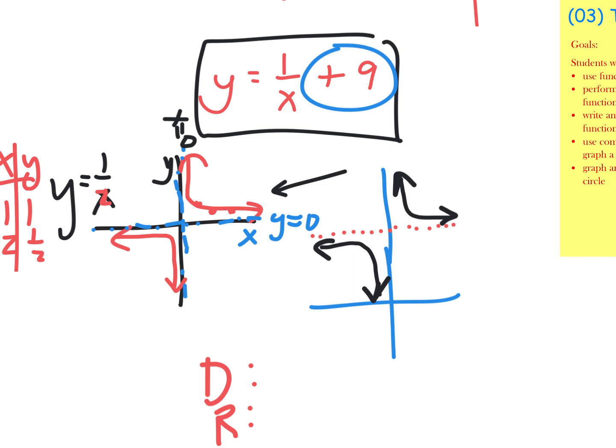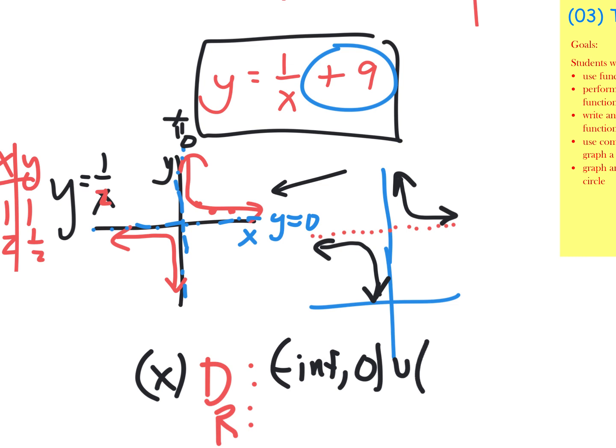As far as x goes, remember, domain's about the x values. What's the one number they can't hit? 0. So it goes from negative infinity until it hits 0, and then it doesn't work. And then it goes from 0 to infinity.